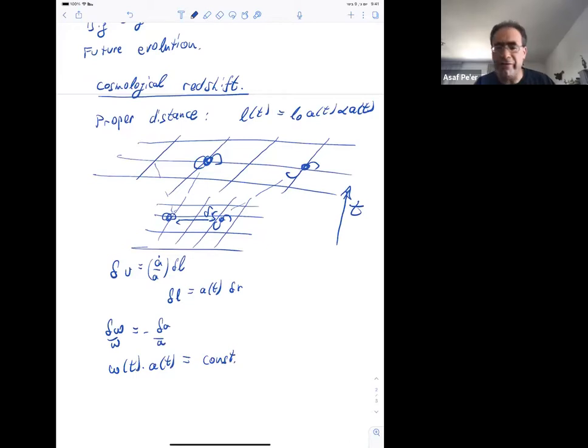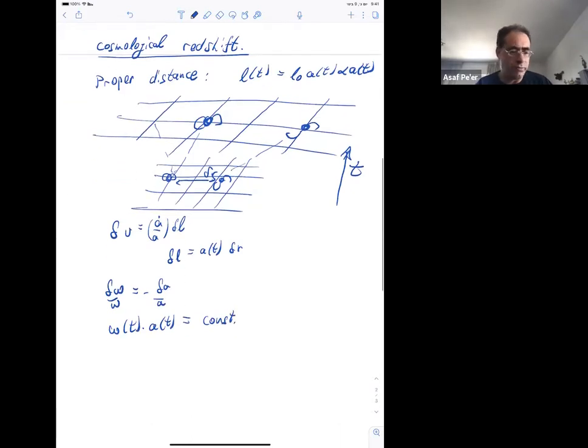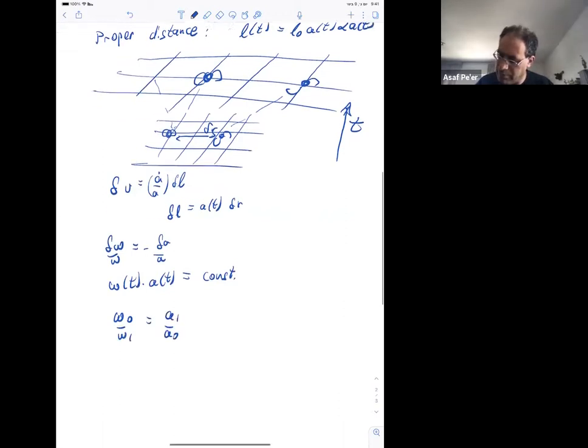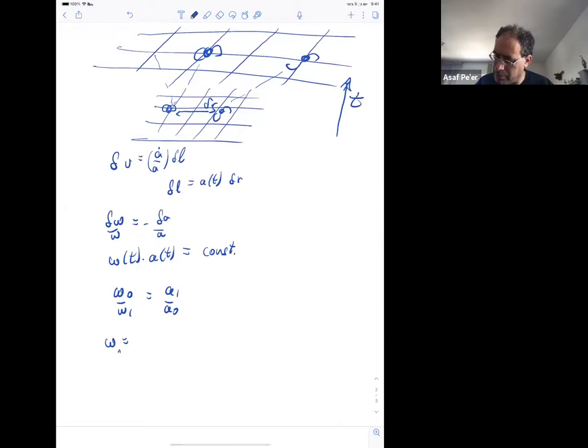which means that if a photon is emitted with frequency omega 1, it will be observed with a lower frequency, omega 0, where omega 0 over omega 1 is just a1 over a0. Omega 1 is just the emitted photon frequency, and omega 0 is just the observed photon frequency.